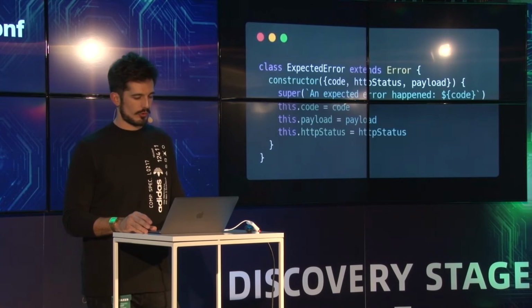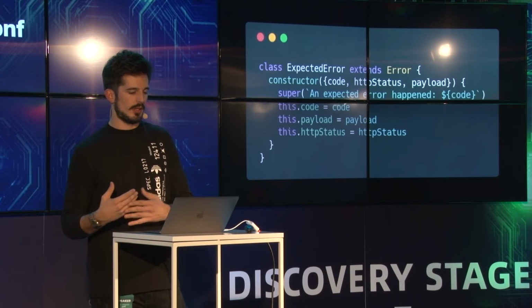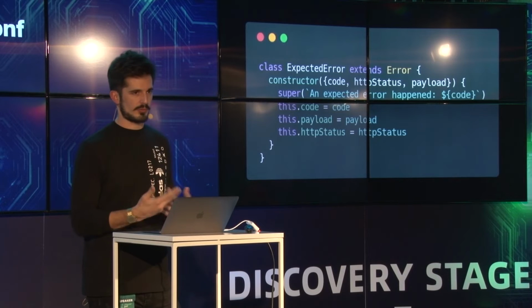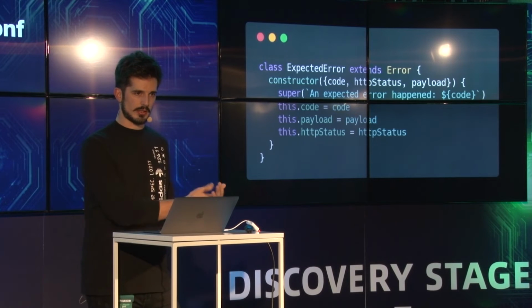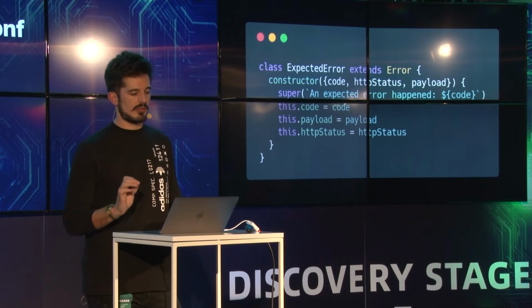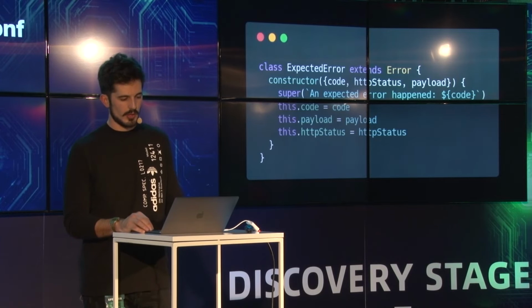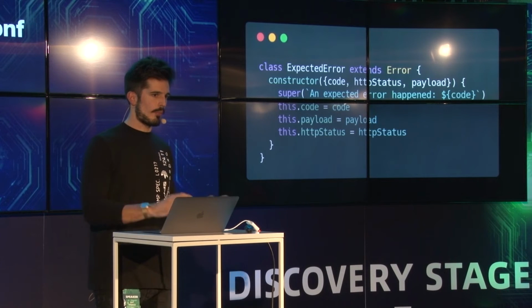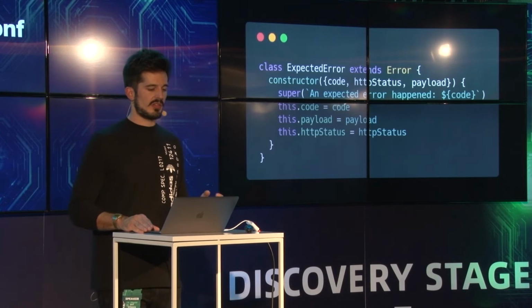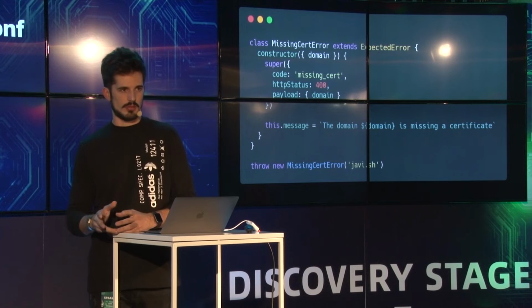So what you can do is have an expected error class that extends from Error, because this way, extending from the Error prototype, you're going to get all the benefits from it, like the call stack and everything. But you are going to add a very specific contract there, telling what the code, the HTTP status, and the payload are. This way later, when you are modeling a specific domain error, you can say, for example, our MisinsertError is going to extend from ExpectedError.